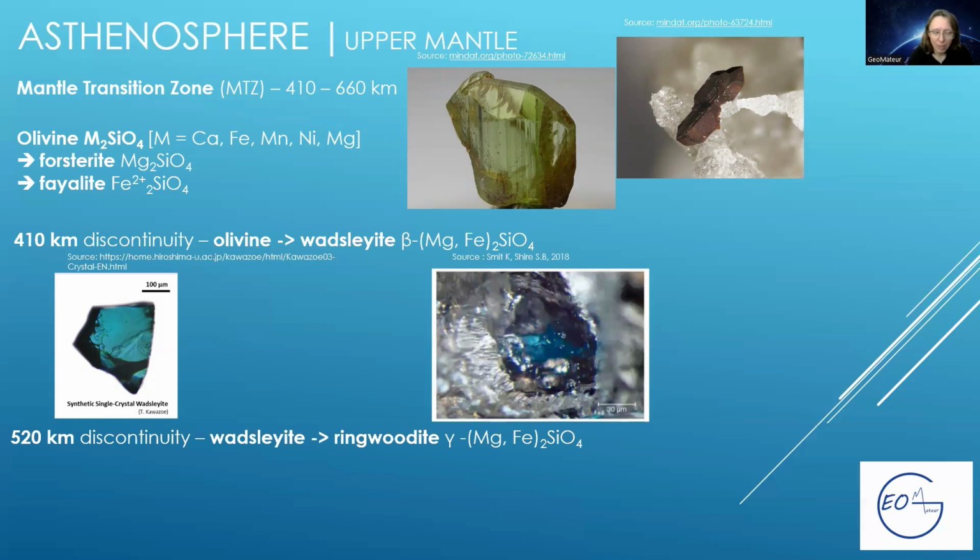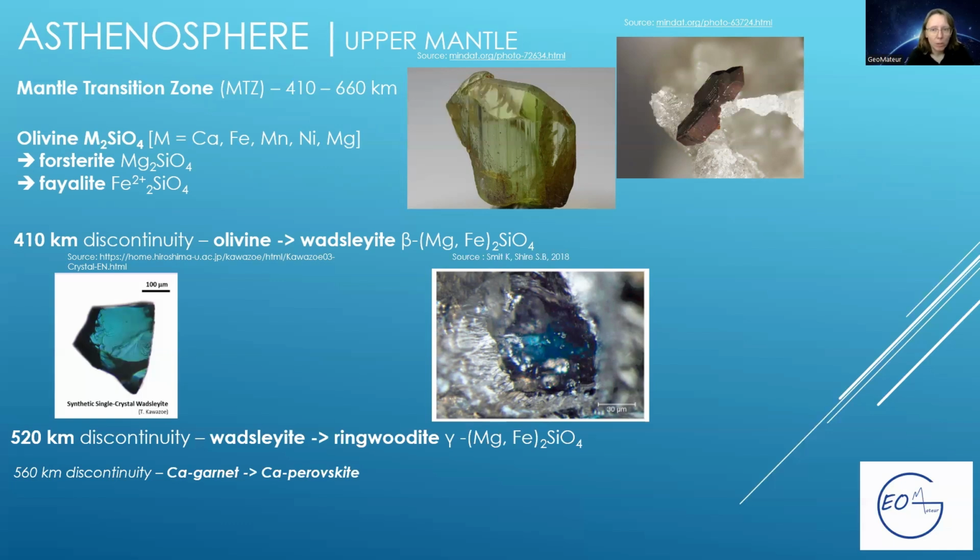Going deeper, at a depth of 520 kilometers, wadsleyite changes into ringwoodite. Ringwoodite is called the gamma phase of olivine. Also, at 560 kilometers, there is a discontinuity where calcium garnet changes into calcium perovskite.